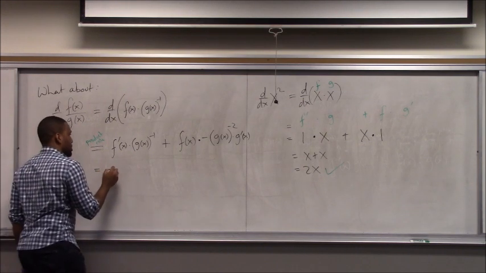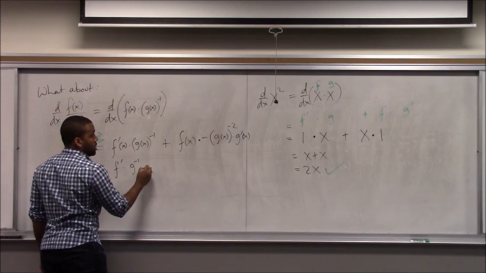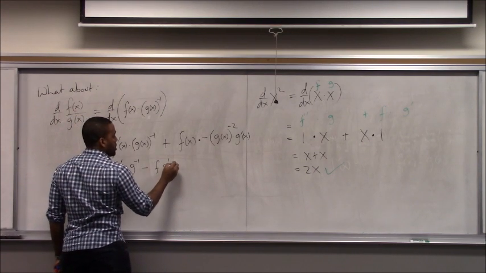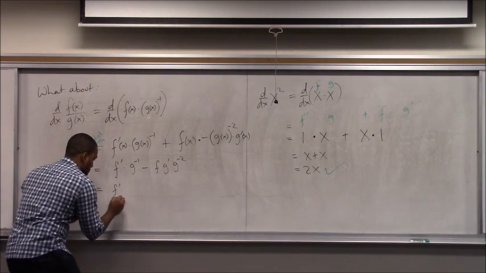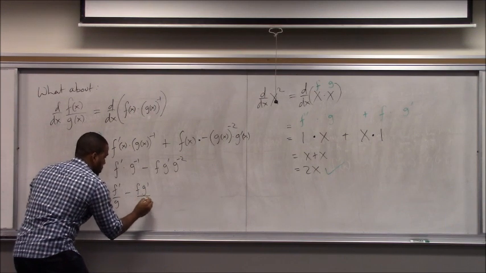So let's rewrite this in shorthand for a little bit. This is f prime times g to the minus 1. This will be minus f times g prime times g to the minus 2. In other words, this is f prime over g minus f g prime over g squared.